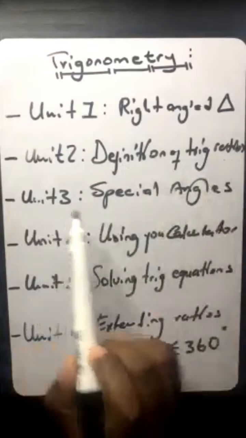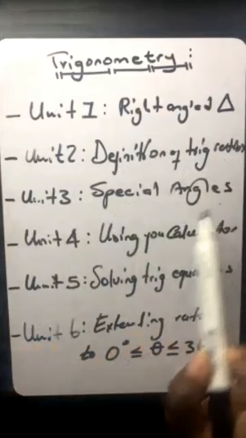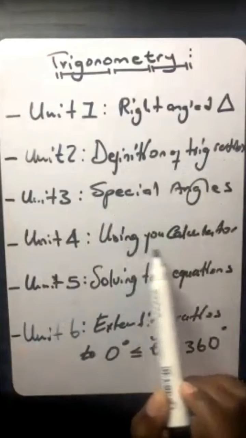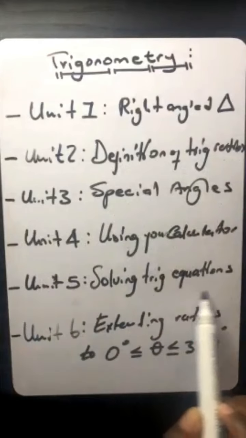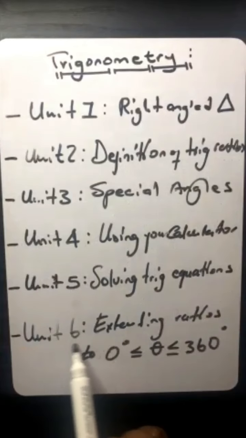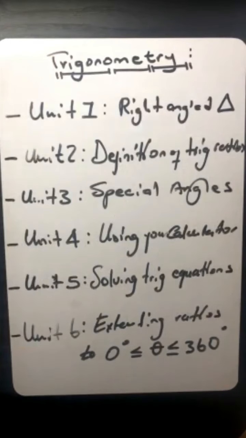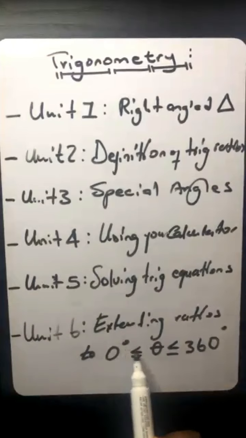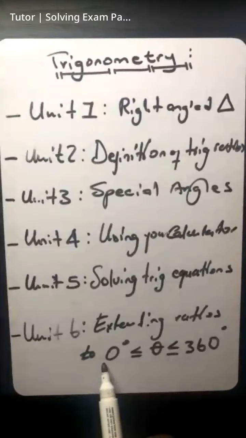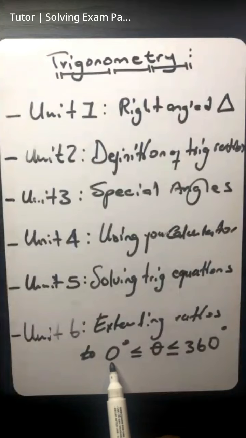Under Unit 3, we look at special triangles. Under Unit 4, using your calculator. Then under Unit 5, solving trig equations. Unit 6, extending ratios to angles between 0 degrees and 360 degrees.